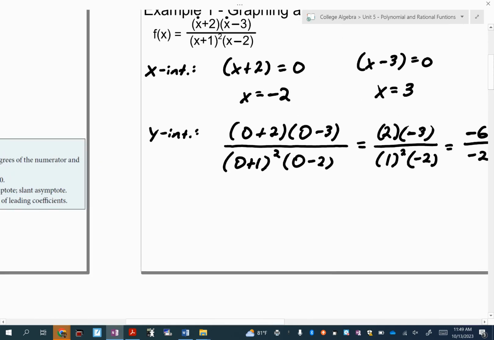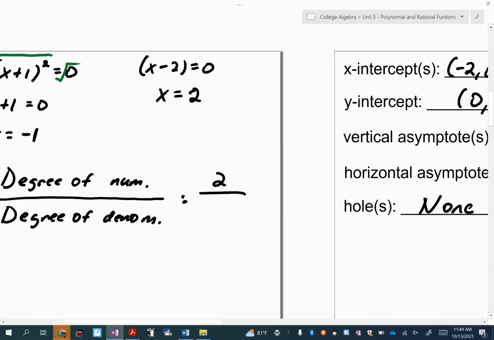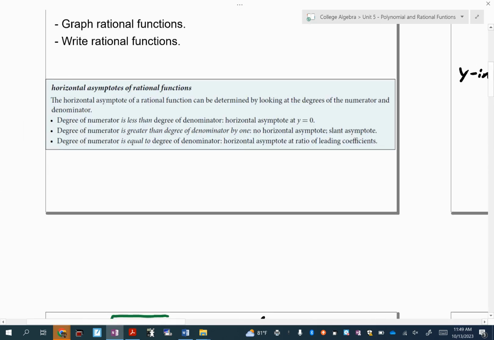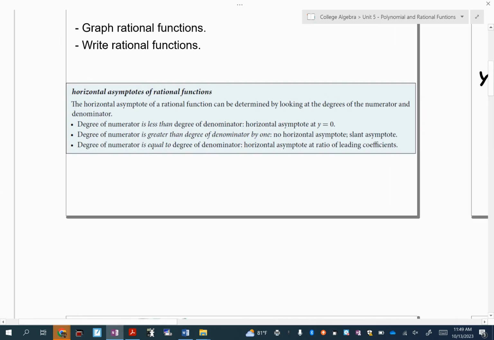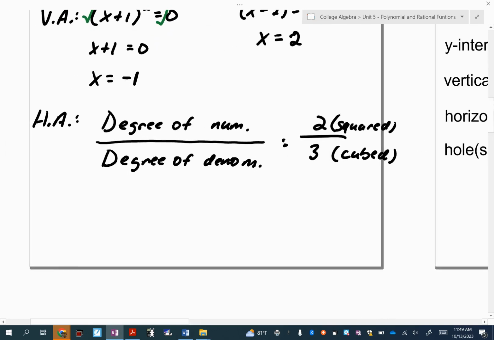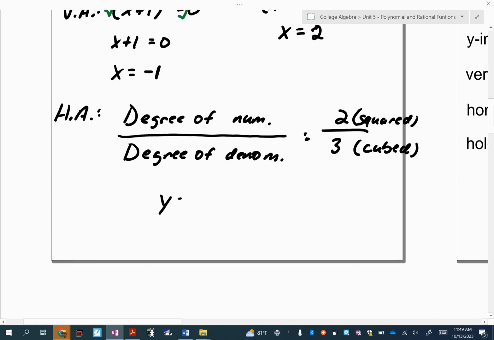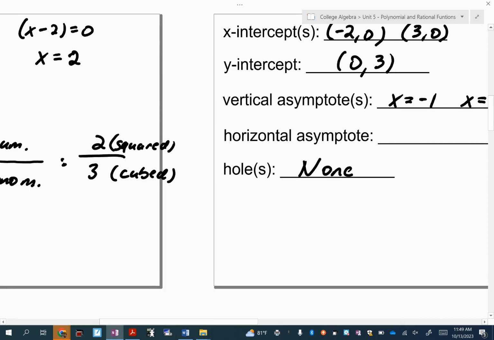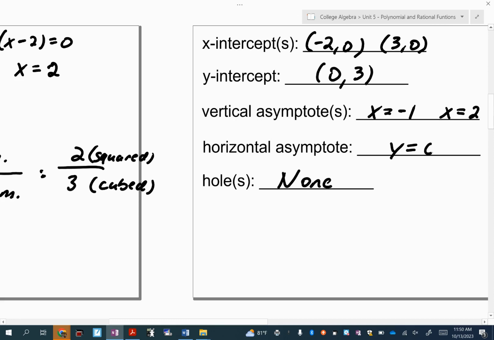My denominator, this one is already squared, then times x would give me cubed. So this is like x squared, and this is x cubed. Again, I'm using this table up here, you can use that if you forgot it from last year. Because the degree of the numerator is less than the degree of the denominator, our horizontal asymptote is y equals 0.